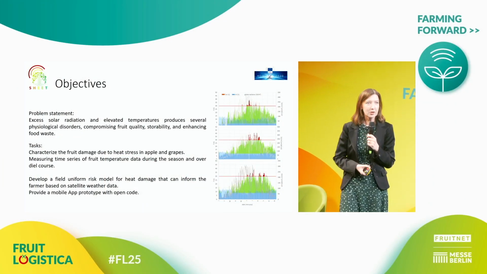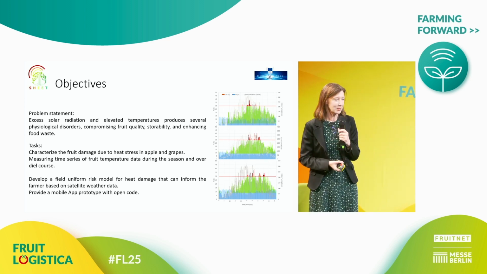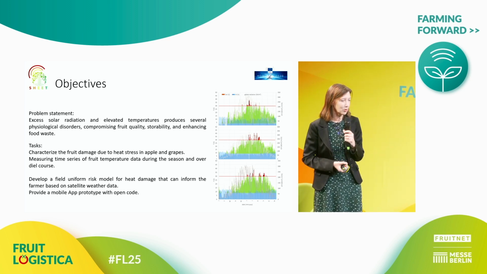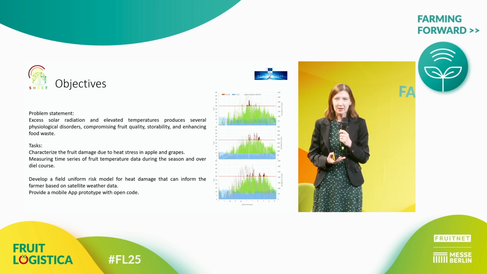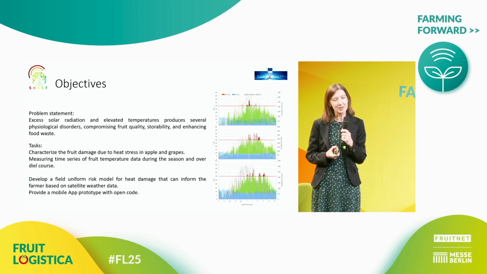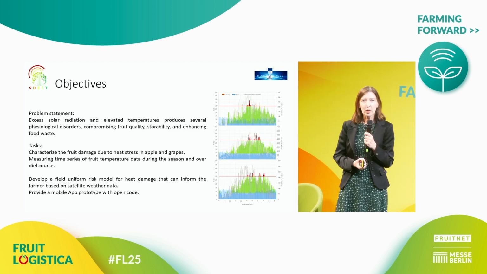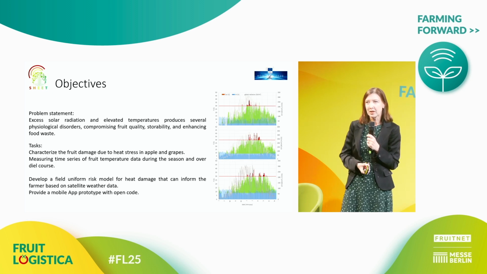We see a lot of heat stress in the orchard, as we just heard in the presentation before and also in the morning already. So what we defined as our task was that we would like to have a mobile app as a tool to help farmers know when the risk appears that the fruit get damaged from excessive heat.